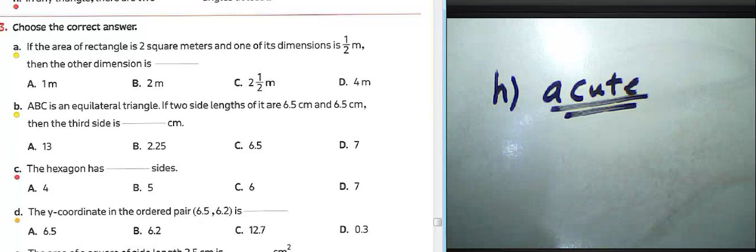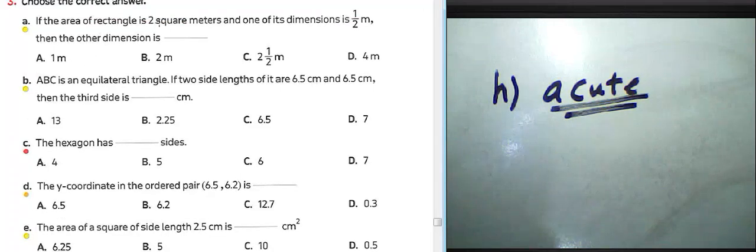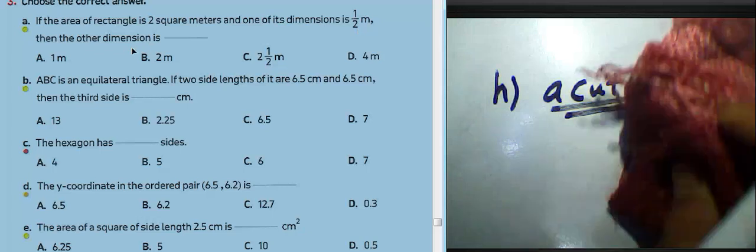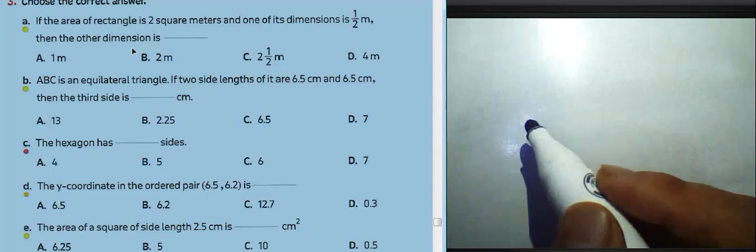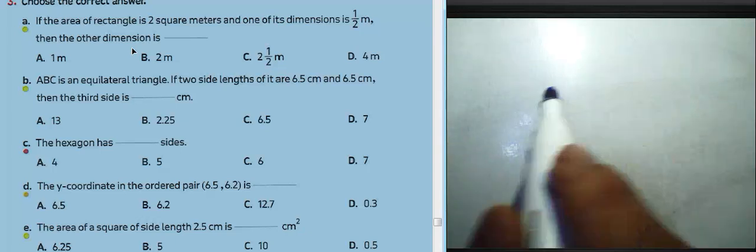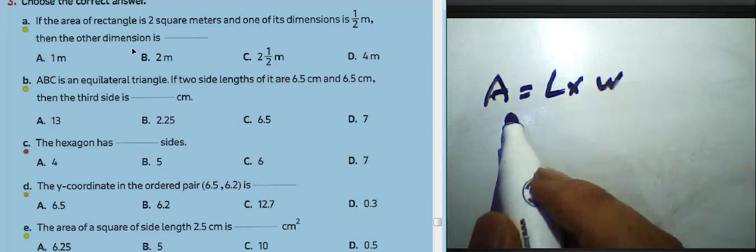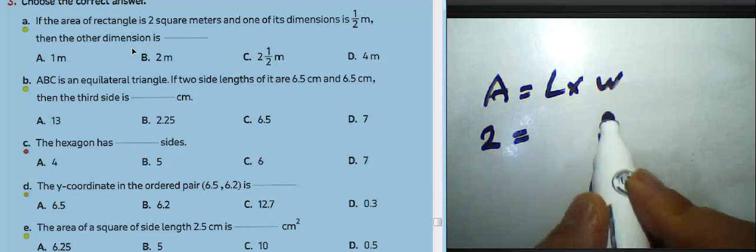Question number 3. Choose the correct answer. The area of a rectangle is 2 square meters and one of its dimensions is half a meter. Then the other dimension is what? We know the area equals length times width. He gives us the area 2 and the first dimension half.